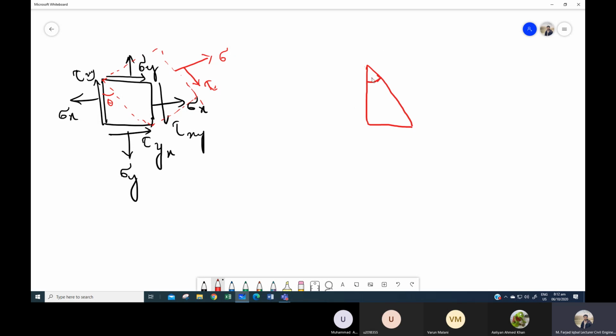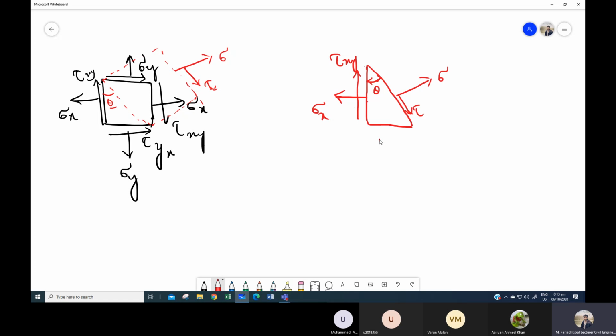If this is the angle theta, and on the straight face we have sigma x, over here we have tau xy, and on the inclined face we have the normal stress sigma and this one is tau, right?